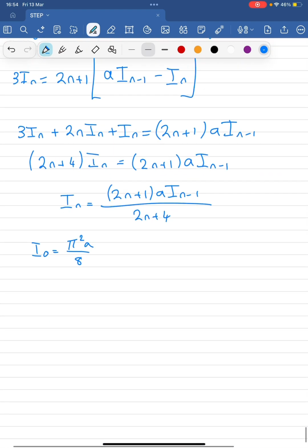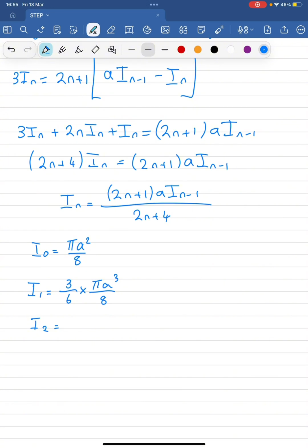Yeah, perfect. Wait, not perfect. Cool. So then I 1 would be when n is 1, so we'd have 3 over 6 times pi a cubed over 8.